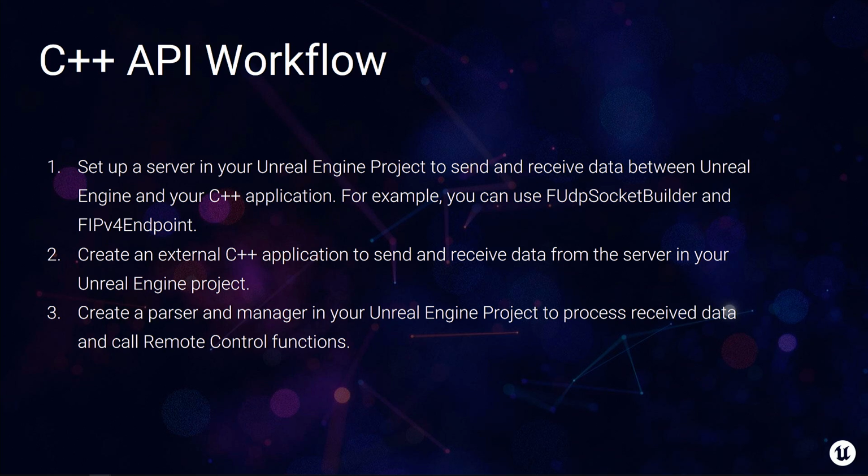As far as the C++ API, I'm sorry, I couldn't recreate an environment here for this session that shows a custom application sending those commands. But at the very least, I did want to explain the workflow a little bit and point you guys to some resources online. In the same area, we have the rest of our documentation. There's a remote control quick start.